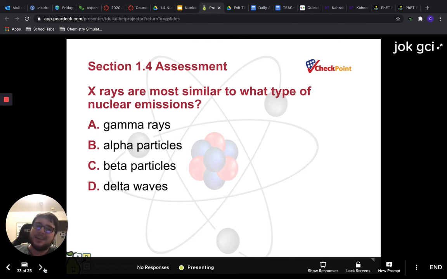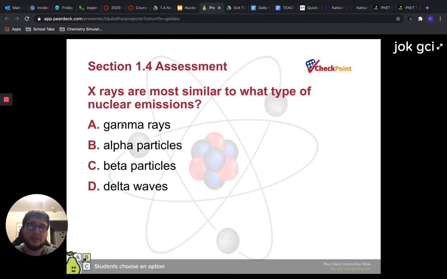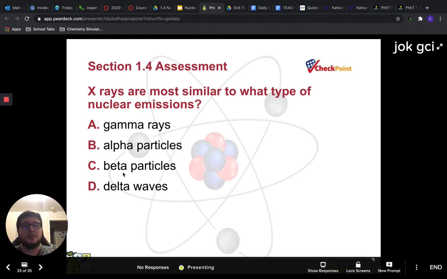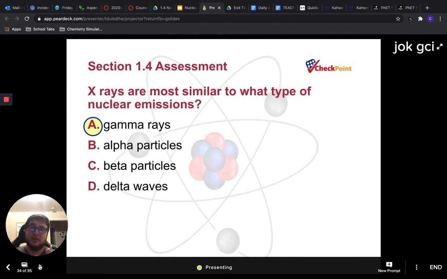All right. X-rays are most similar to what type of nuclear emissions? Think about that. We talked about which type of radiation this corresponds to. So pause the video, give me your answer, come back when you're done. I'm going to reveal the correct answer right now. And if you said gamma rays, very good.